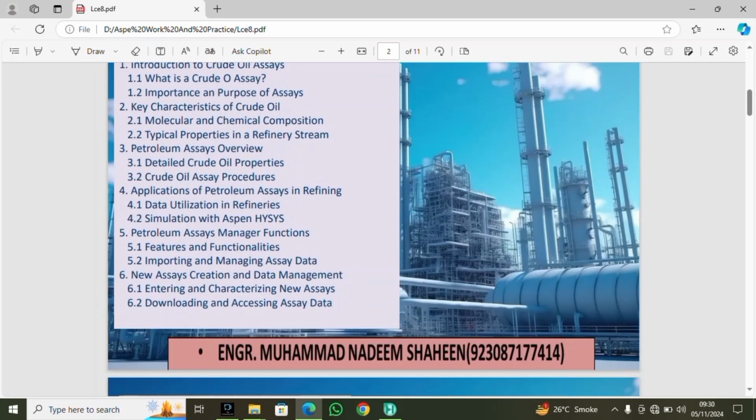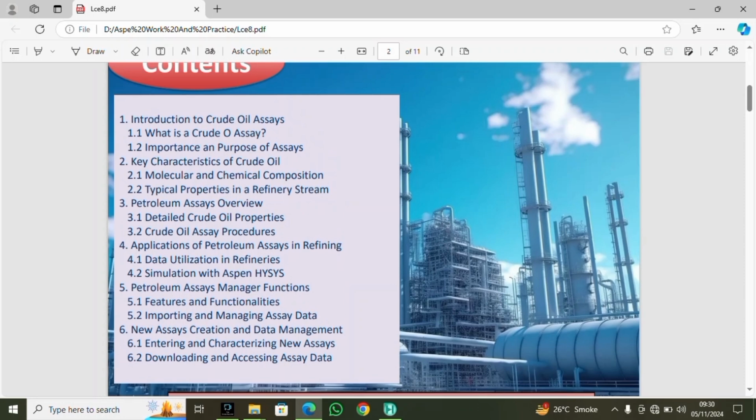Today our contents are: introduction to crude oil assays, in which we will discuss crude oil assays, the importance and purpose of assays in ASPEN HYSYS and in industrial sectors, and key characteristics of crude oil like molecular and chemical composition and typical properties in refinery streams. Third is petroleum assays overview, with detailed crude oil properties and crude oil assays procedures.